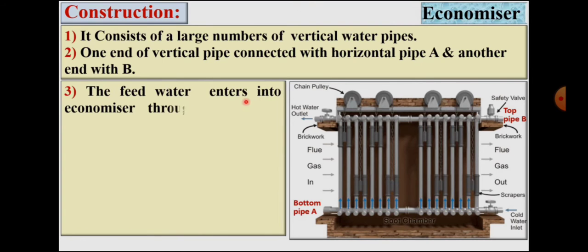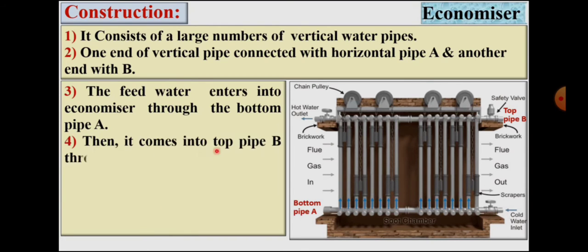The feed water enters the economizer through the bottom pipe, then comes into the top pipe through these vertical pipes.